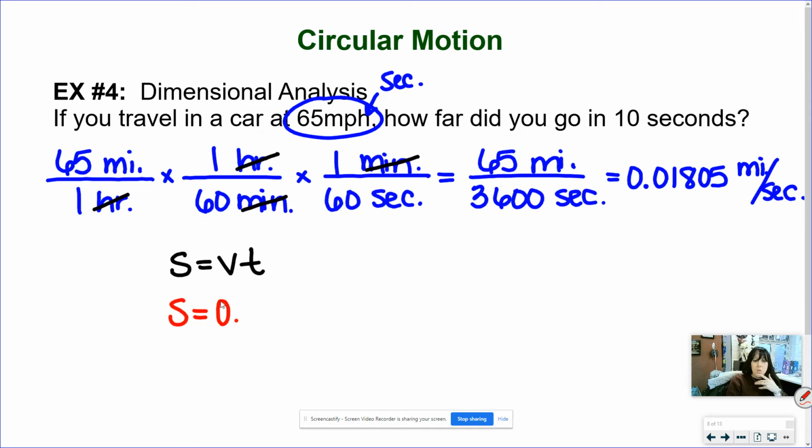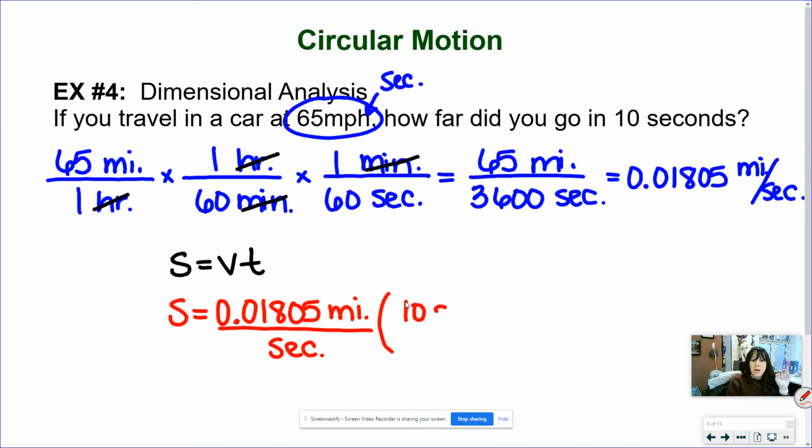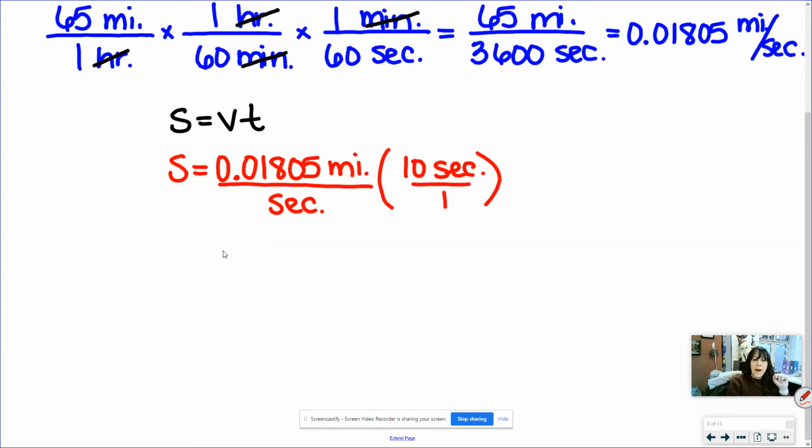Velocity is 0.01805, and that is in miles per second. And we're multiplying by the time, which is 10 seconds. And I'm going to put it over 1, so I'm looking at a fraction times a fraction. Okay? So when you go to do the math and multiply these two things together, understand that the units, seconds on top and seconds on bottom, cancel each other out.